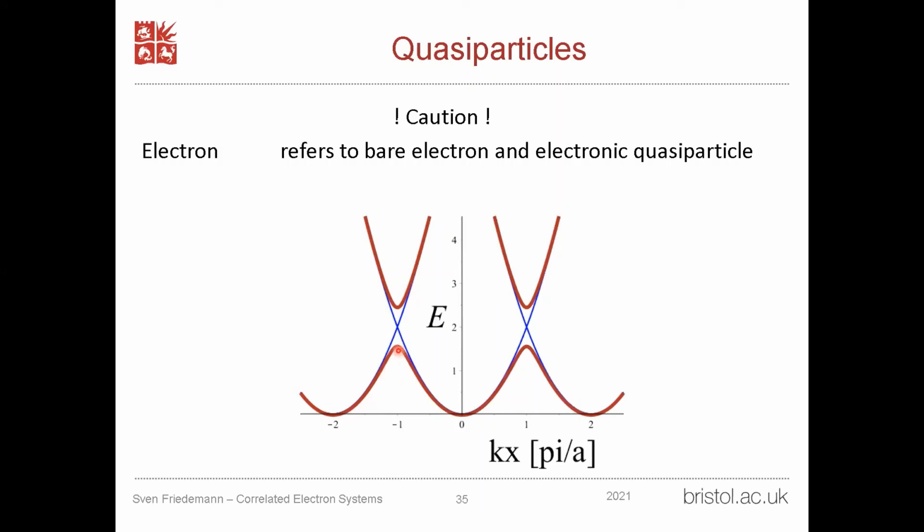And here's this region of negative curvature, which then corresponds to hole states. So if the Fermi level lies here, the excitations will be subject to this negative curvature, and hence they will behave as if they have a positive charge instead of the bare electron negative charge.